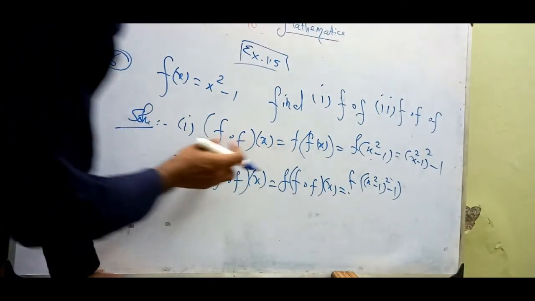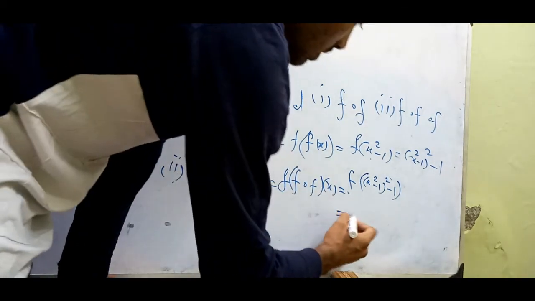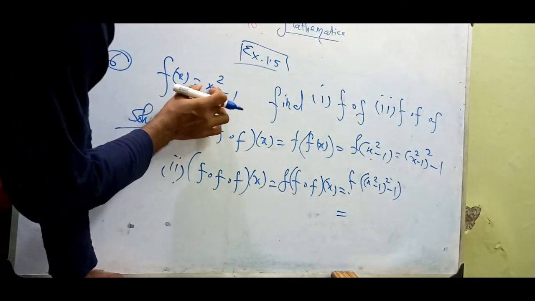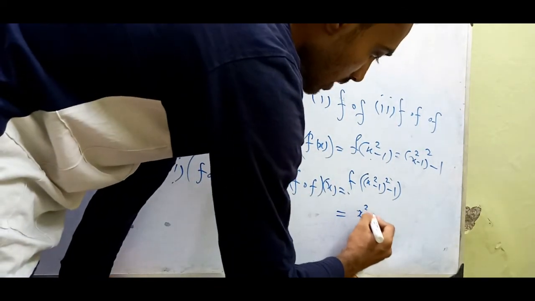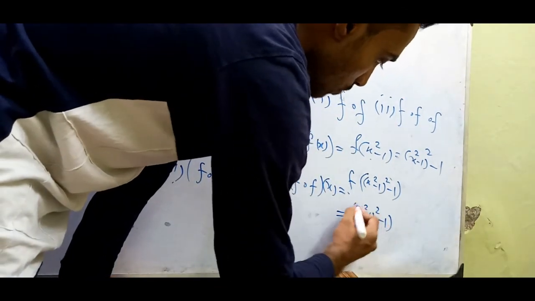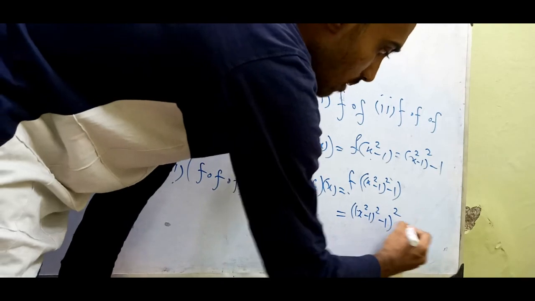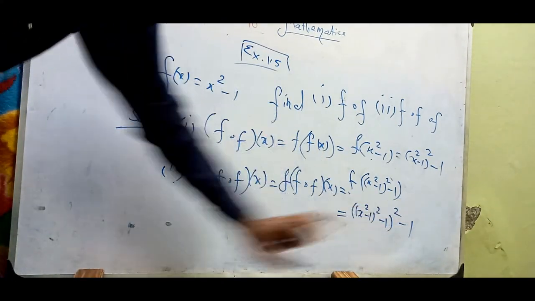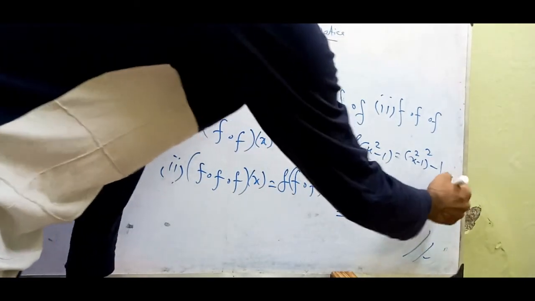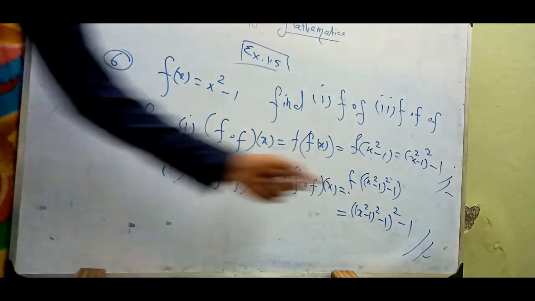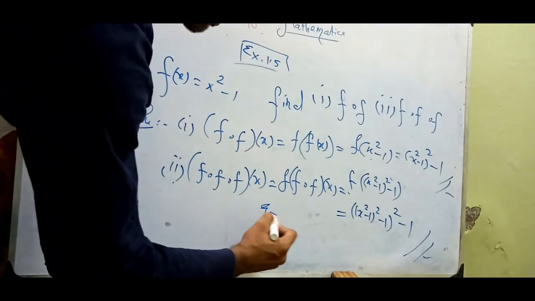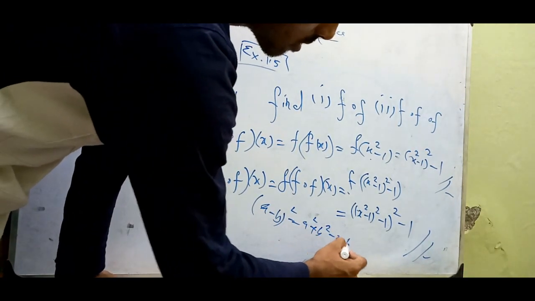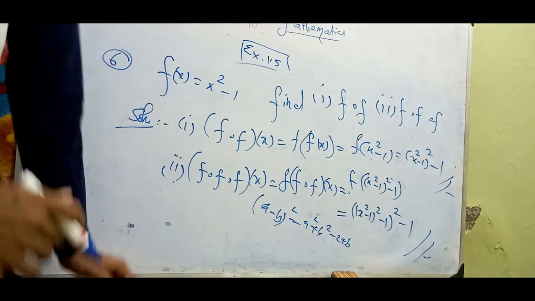Again you have to substitute this in this function, then this bracket will be the x. So x squared minus 1 whole square minus 1 will be the x to the power 2, raised to the power 2, and minus 1 will be your required function. If you want to expand it in terms of a minus b whole square, as you know, a minus b whole square is a square plus b square minus 2ab, or either this way, a square minus 2ab plus b square.